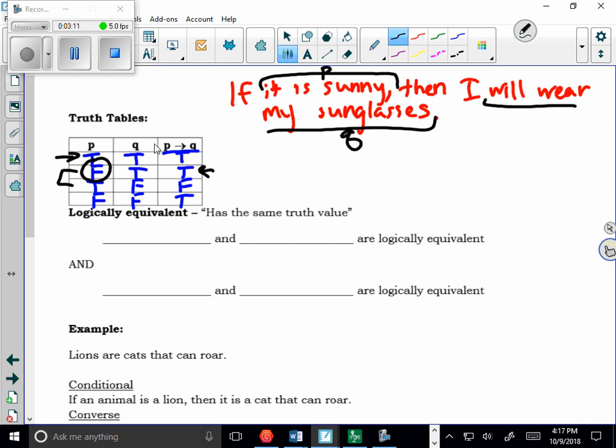And this is the one where it kind of makes more sense, because if I say P is true and Q is false, and again, I'm looking at this one right here.